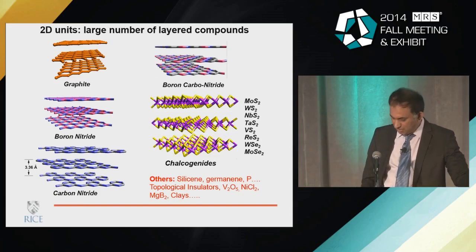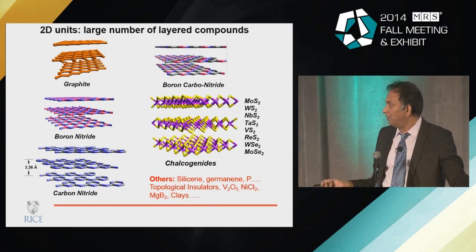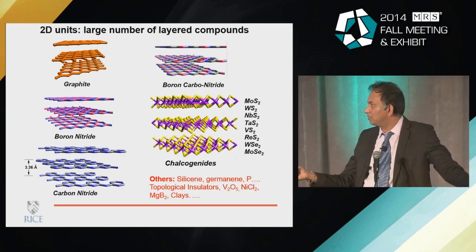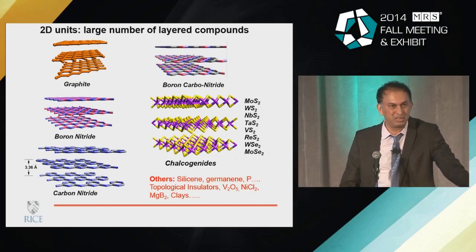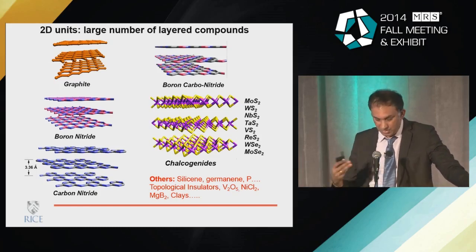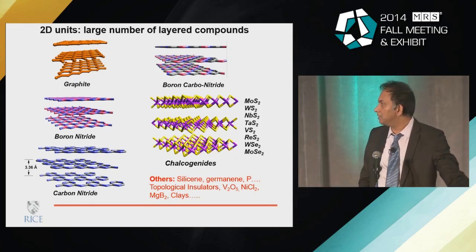But if you think about it, there are a large number of these materials that are layered, and there's now enormous possibility of looking at all these different structures. Some of them have been known. Graphite is a well-known material. Boron nitride is quite well-known. A large number of dichalcogenides has also been very popular when people looked at nanostructures. Today, Reshef Tene talked about all these spherical and tubular shapes of dichalcogenide materials.